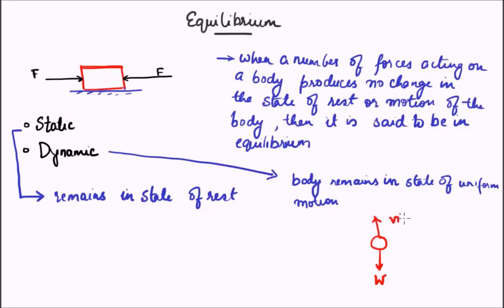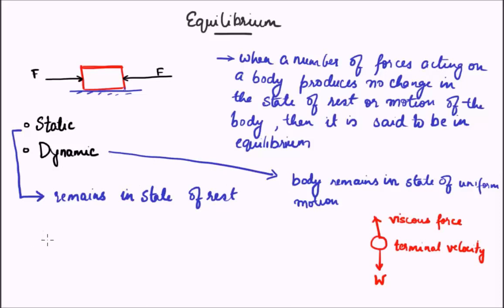Viscous force, I am writing it. I will not go into the details, but there is a uniform magnitude, opposite direction force due to the air resistance, and as a result the body will remain moving at a constant velocity, and that velocity is known as the terminal velocity. Therefore, we have seen an example of static equilibrium and an example of dynamic equilibrium.